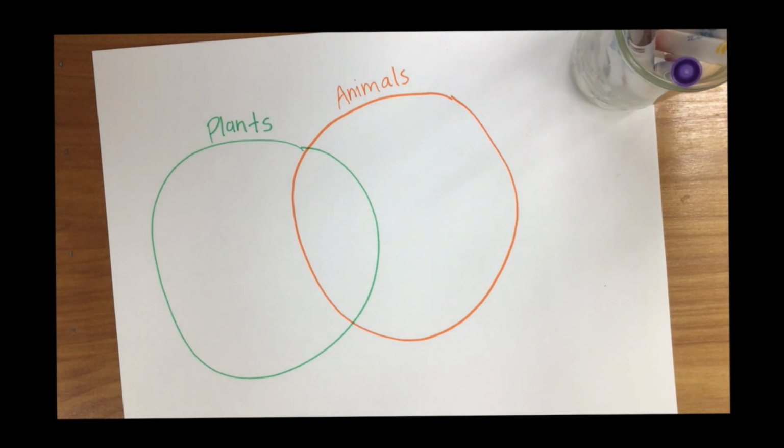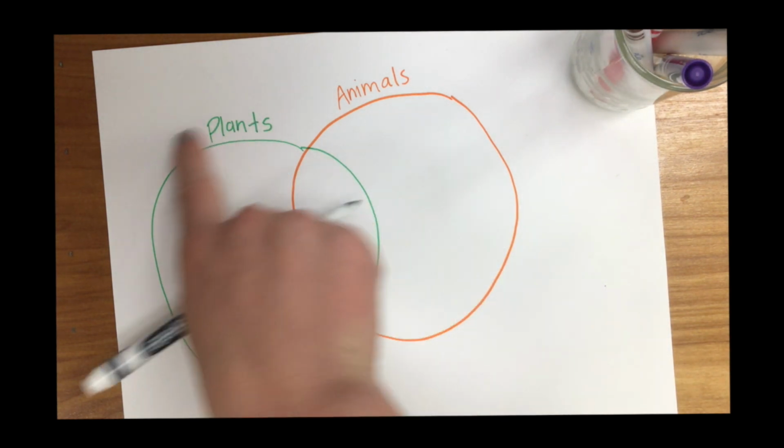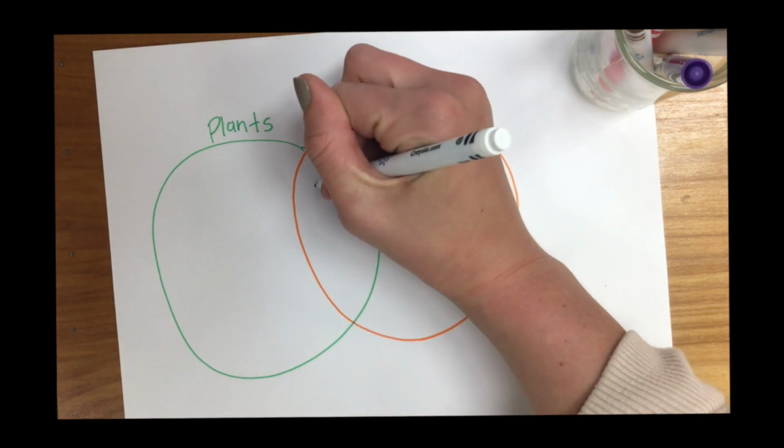So I'm thinking of a basic need. We learned that plants and animals both need air to survive. They both need air. So that's a need that's the same. Plants and animals need air to survive.